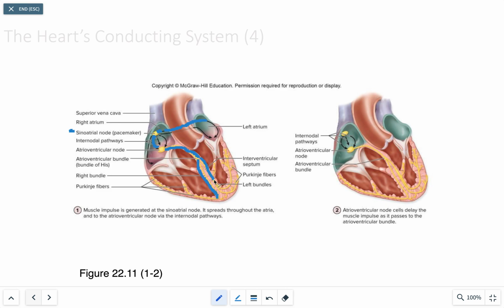Once the left and right bundles hit the apex of the heart, we consider this to be the Purkinje fibers, which propagate into the left and the right side of the myocardium and innervate the action potential into the cardiac cells.